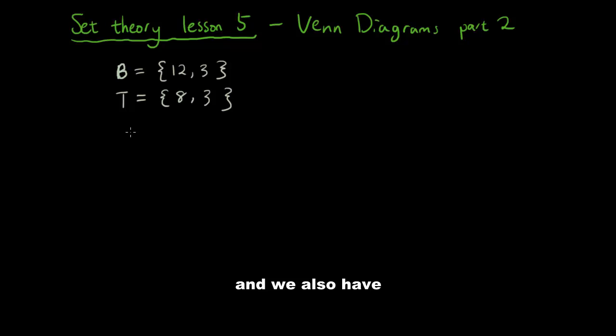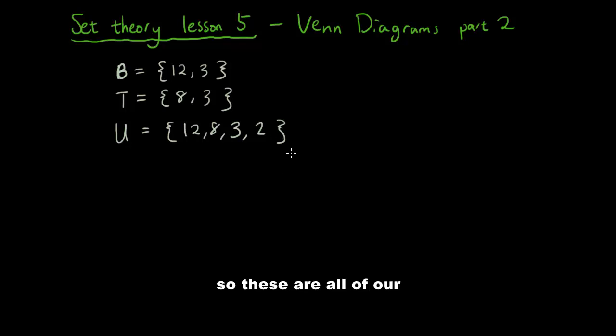And we also have a set called U, and the set U has the elements 1, 2, 8, 3, and 2. So these are all of our sets that we have defined so far.